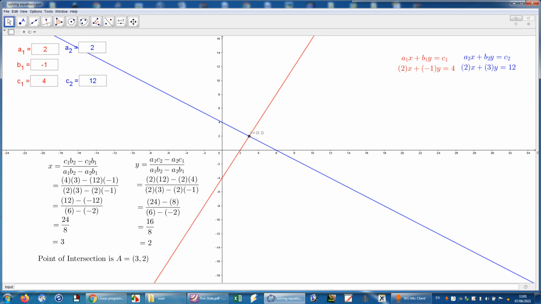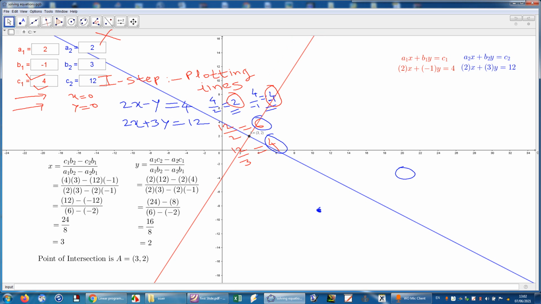Let me erase this, and the other line which we are having is represented in blue color. Its equation is 2x plus 3y is equal to 12. So here we have these lines and corresponding points.